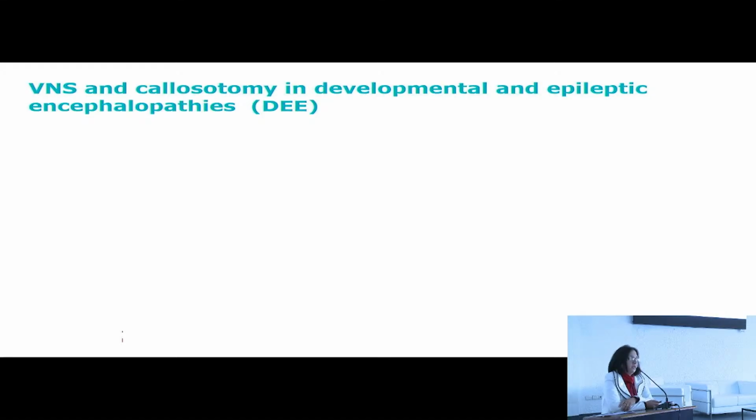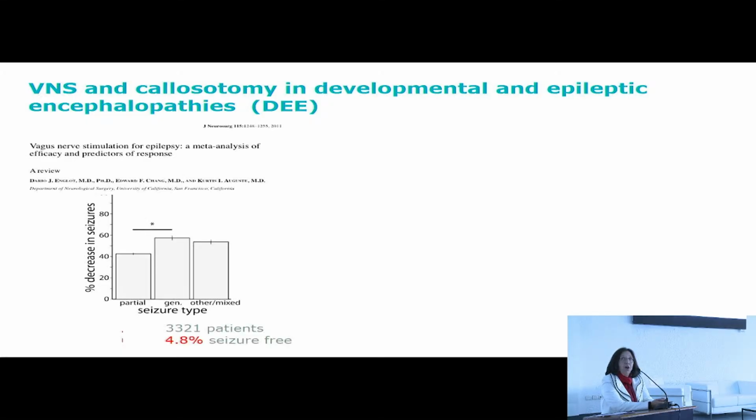Often it's used in the more catastrophic epilepsies of what we talked about this morning. And there often the question comes around, should you rather do a VNS, after we have of course excluded that we can do any type of surgery and resection, what we saw this morning, or should we do a callosotomy?